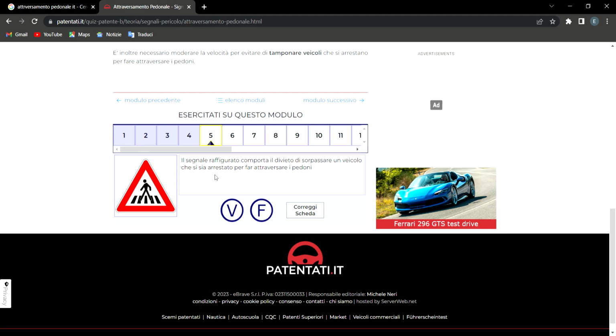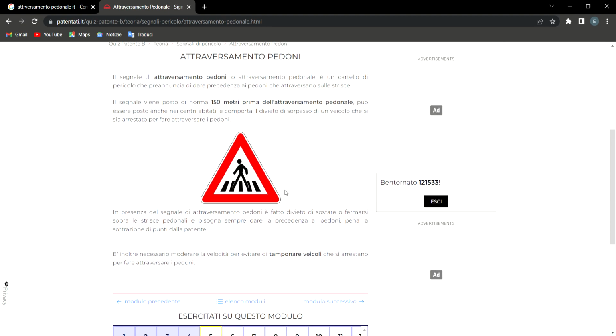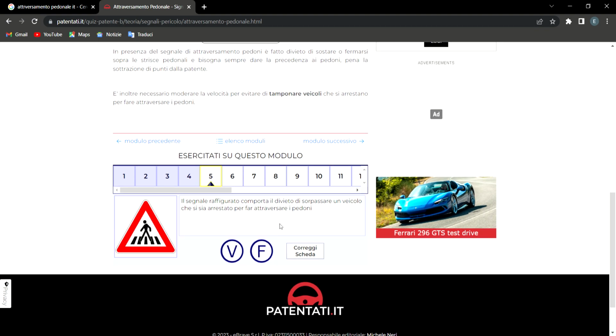And it's true. Whenever you are driving on this road and you find a vehicle waiting for the pedestrian to transit, you don't need to overtake. You have to wait in order to avoid an accident. So it's vero.